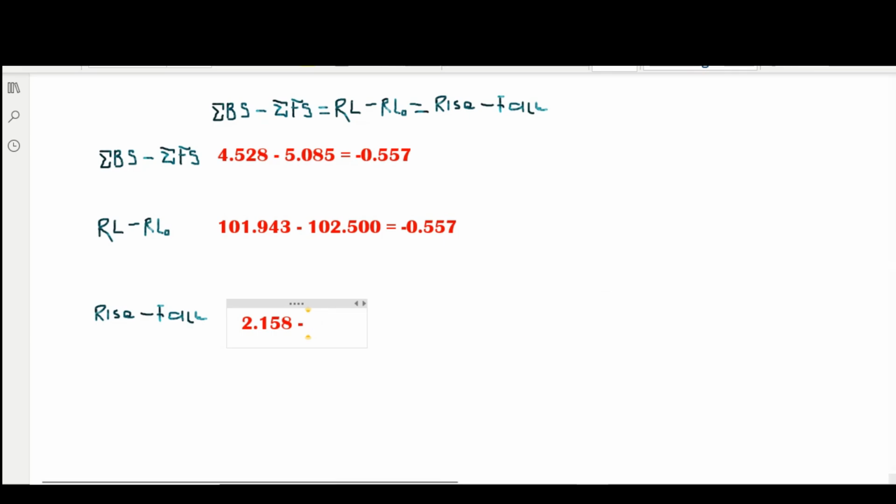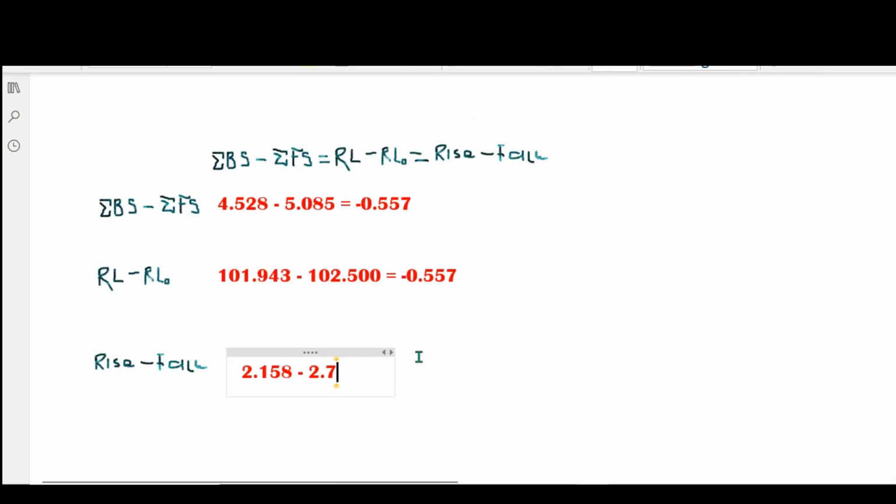Now 4 was 0.715. And that was equal to the same thing. So you can see, these two are both the same thing, which is the same as summation of backsight minus summation of foresight, equal to final reduced level minus initial reduced level, which is also equal to summation of rise minus summation of fall. These are the proofs here.